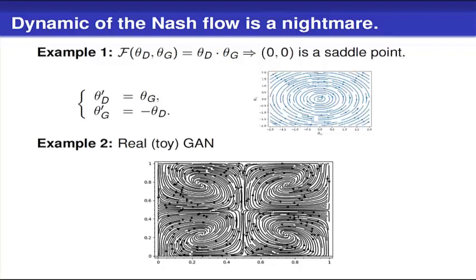So converging with a numerical scheme to this point can be very hard. And this is the problem of reality. The theorem applies for continuous flow, and in practice you apply a discrete scheme, and you may have problems with the convergence rate.